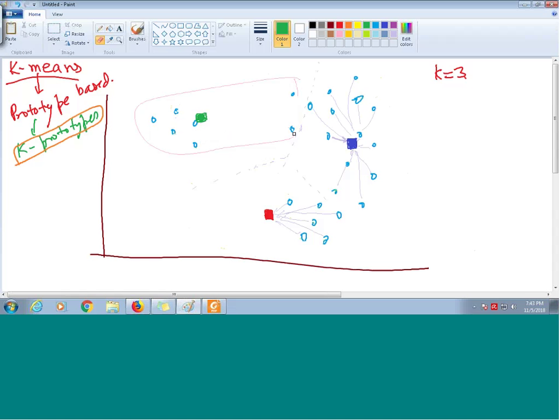Okay, so let me remove this. Let me also remove this. Next, these are the points. So where should the centroid be?